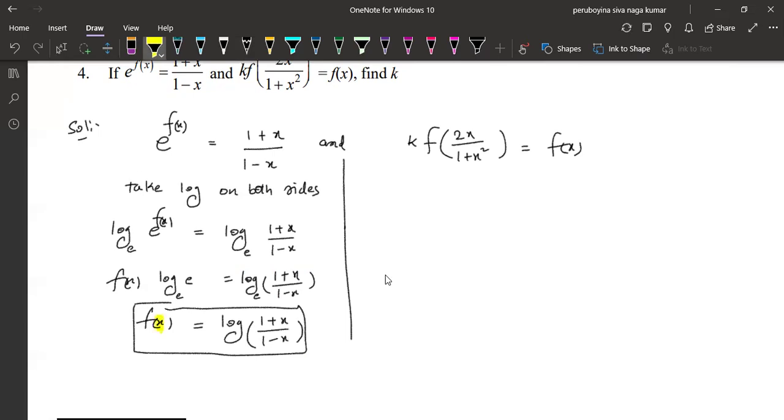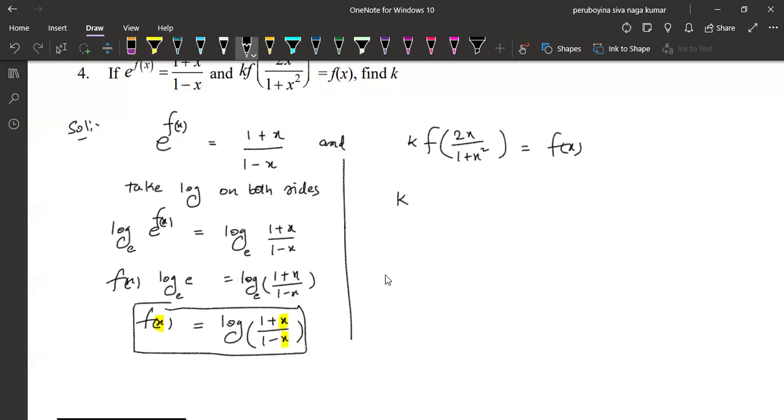So understand it properly, the definition of f of x. If x is the input, then log of 1 plus that input divided by 1 minus that input. You have to represent f of x like this one, log of 1 plus x by 1 minus x.